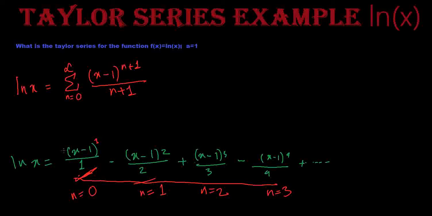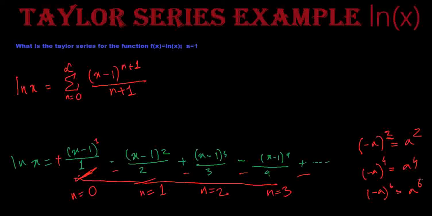And the last thing we can see here is that this series is basically alternating. Here it is positive, negative, positive, negative, positive. We already know that when we have an even power on a negative number, the number becomes positive. So 4 is an even number, so it's gonna be a to the power 4, minus a to the 6 is a to the power 6.